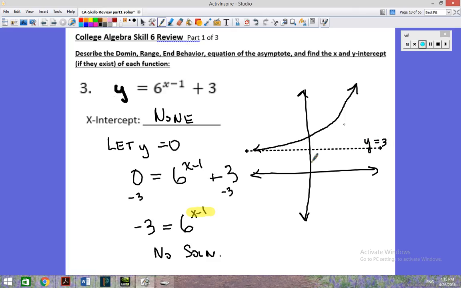There's no way this graph comes down and crosses the x-axis, so there is no x-intercept. We can look at the picture of the graph, or we can reach the same conclusion algebraically.